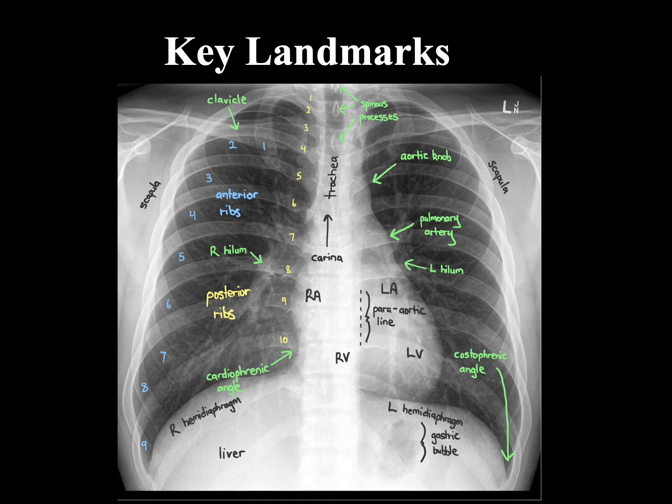The cardiophrenic angle is around rib 10. The gastrophrenic angle down here is often filled in with pneumonias and those types of pathologies. You see the diaphragm, the liver, the aortic knob, and then the pulmonary arteries.